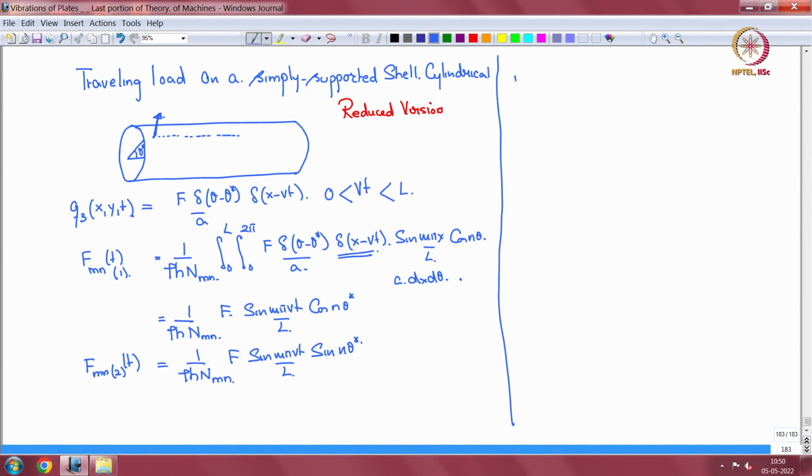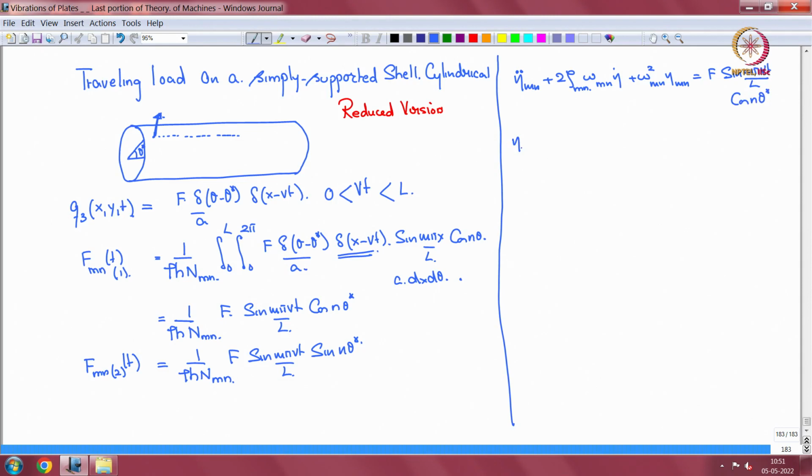And so you have eta mn double dot plus twice zeta mn omega mn eta dot plus omega square mn eta mn is equal to F sin m pi Vt by L cos n theta star. That is one set.